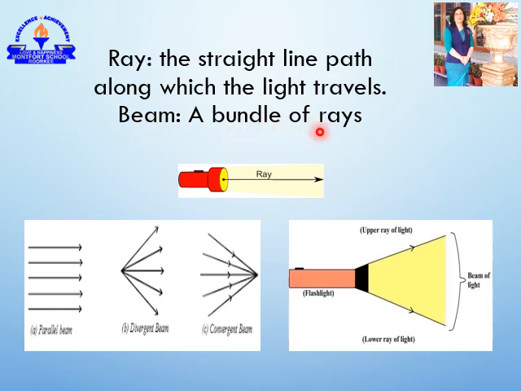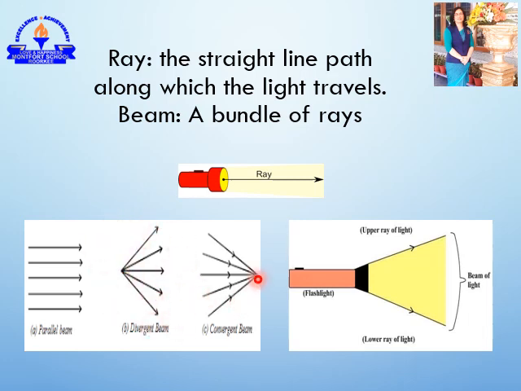Beam is a bundle of rays. So here you can see the second example, parallel beam, where there are a number of rays in a parallel way. Another one is divergent beam, where you can see that from one point light is being diverged in different directions. So this is divergent beam.